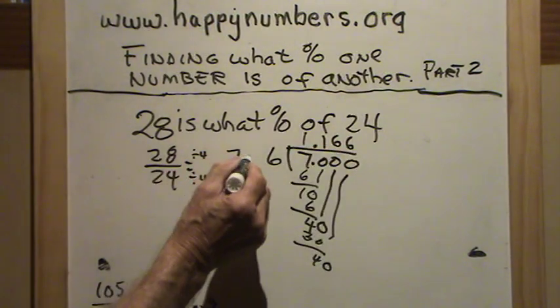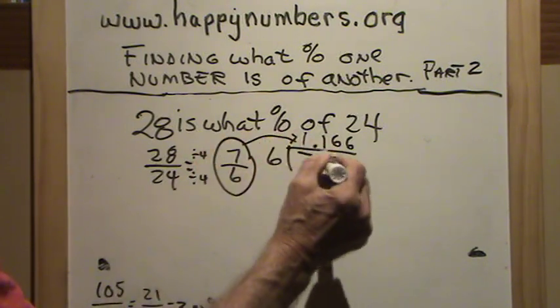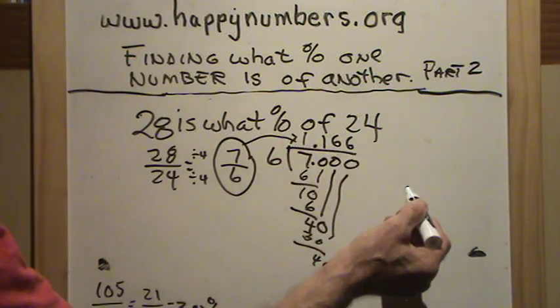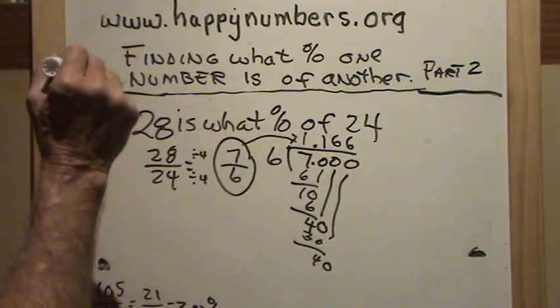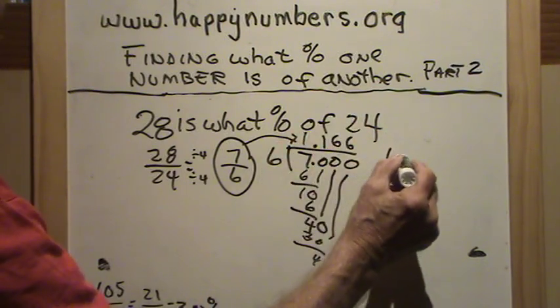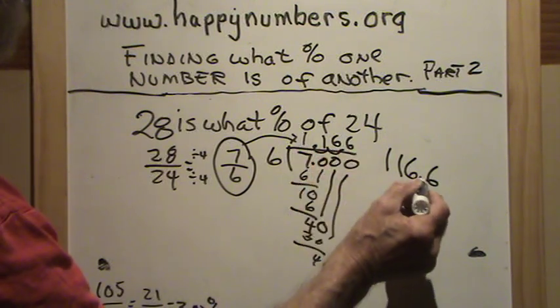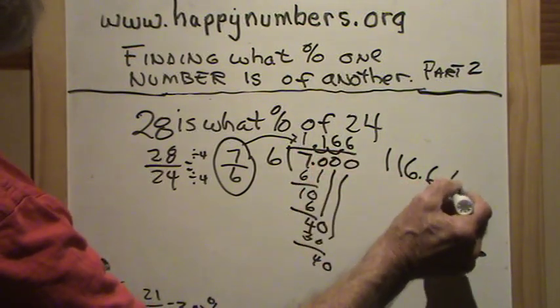Well, now I've changed my improper fraction into a decimal, and now I'm going to change the decimal to the percent. And I know if I'm going from D to P, I go 2 places. So I move 2 places, 1, 2, and I have 116 6/10%.